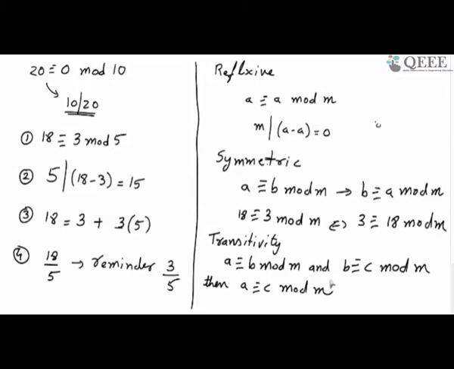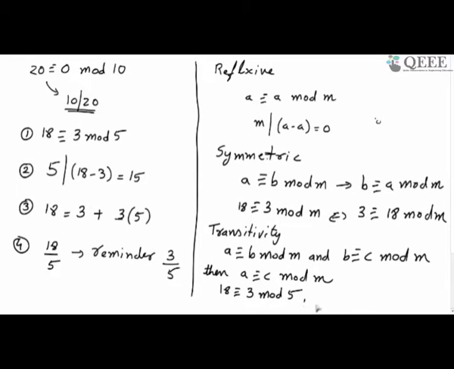For example, you could take M equal to 5, where 18 is congruent to 3 mod 5, and we also know that 13 is congruent to 3 mod 5.